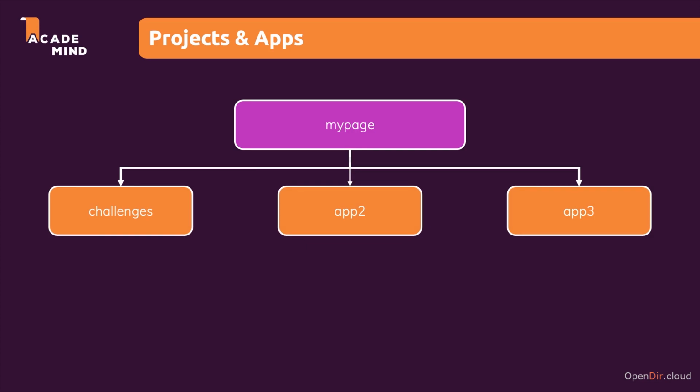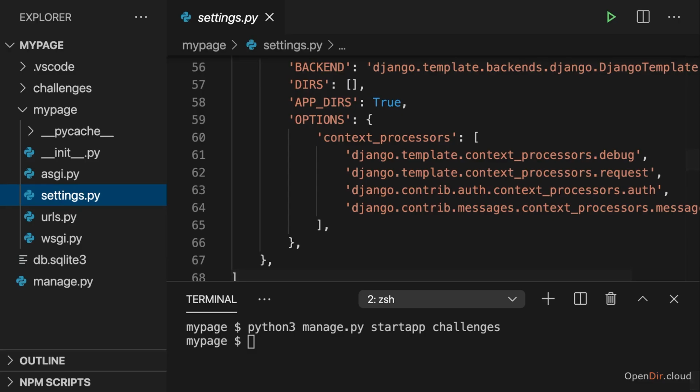So when we build a website with Django, we create a project for this, and the entire project is our website, so to say, but the different features of this website. Let's say we're building a shop, so we got a feature for displaying products, and we got a feature for handling the cart and the checkout process. Those features would be represented by apps in this project to split our code and logic by feature into these different apps, into these different modules.